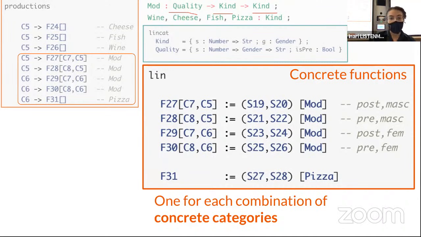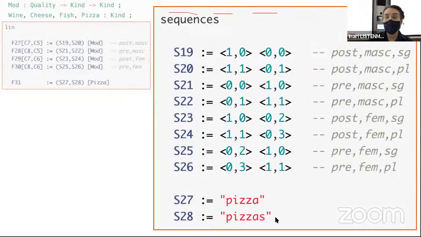We look at these. What are these S's on the right-hand side of these concrete functions? They are called sequences. And sequences look like this. Sorry, let me clear the annotations.